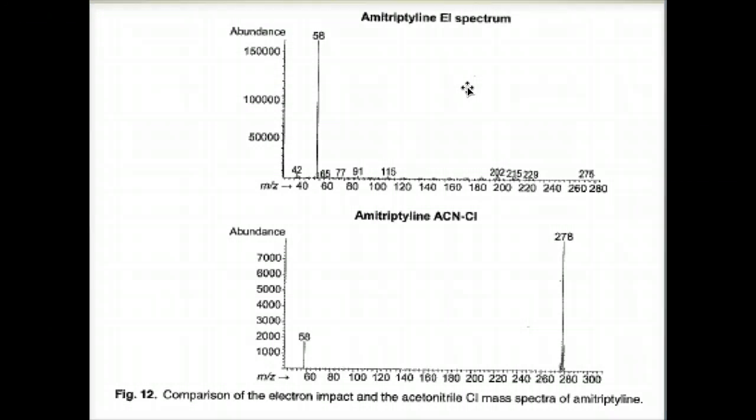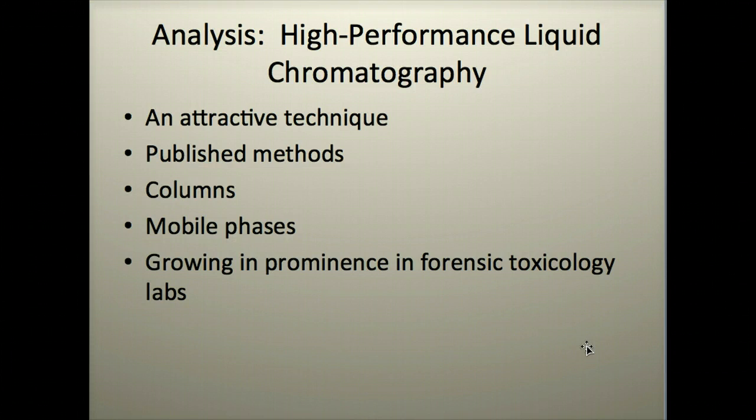When multiple drugs are present or the matrix is very difficult, the chemical ionization mass spec in tandem can be very useful in the analysis. Okay, let's move right along. This one again is electron impact. This one is CI, chemical ionization. Very simple spectra.